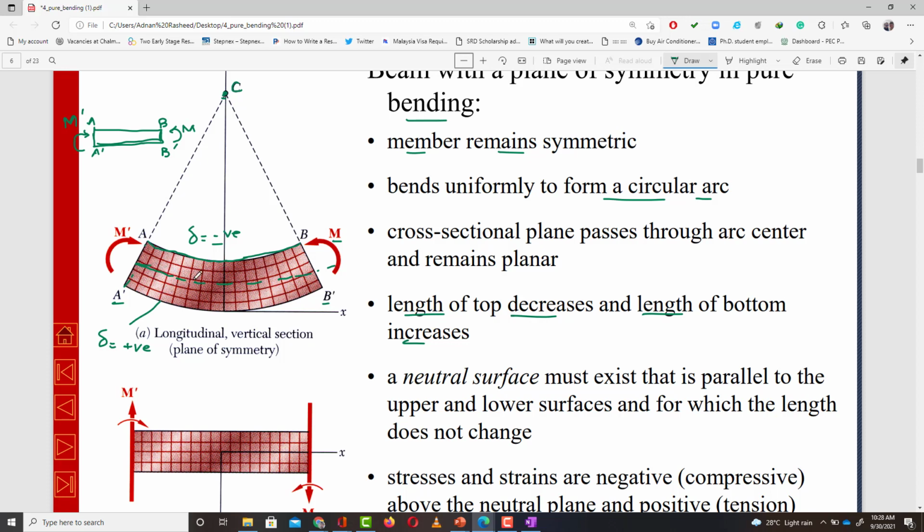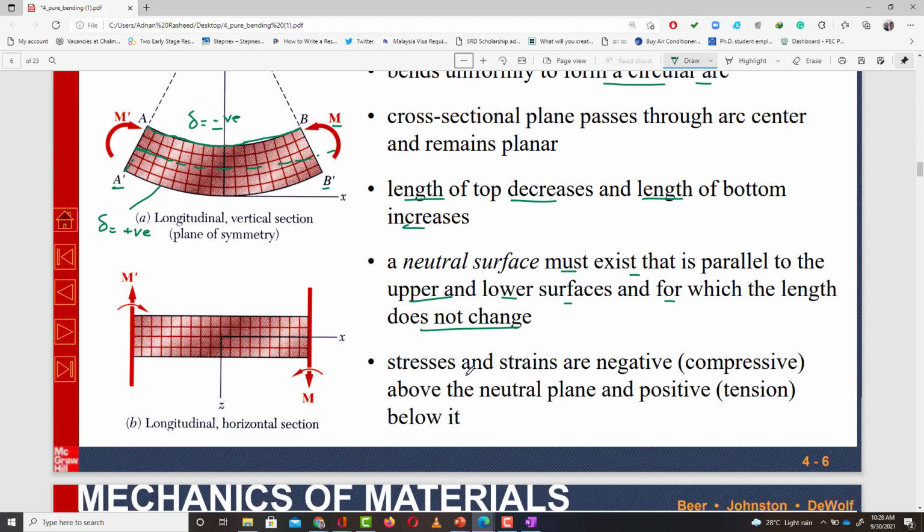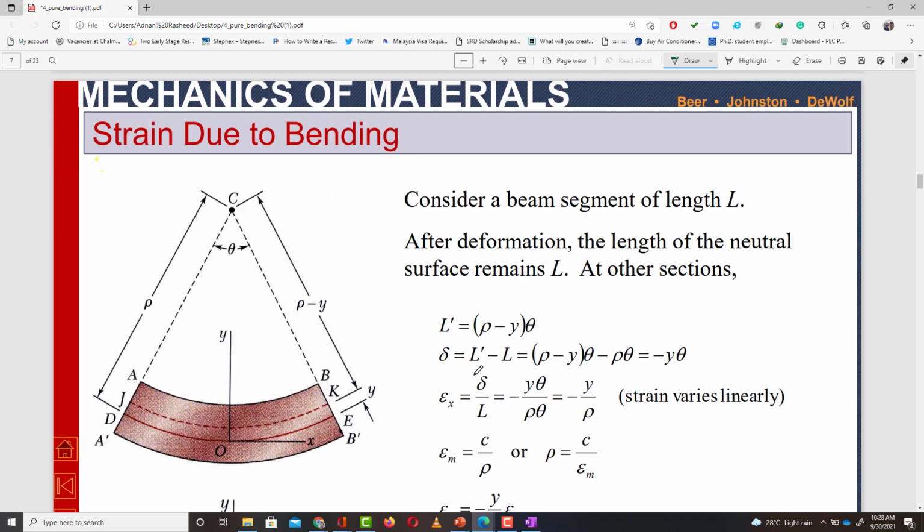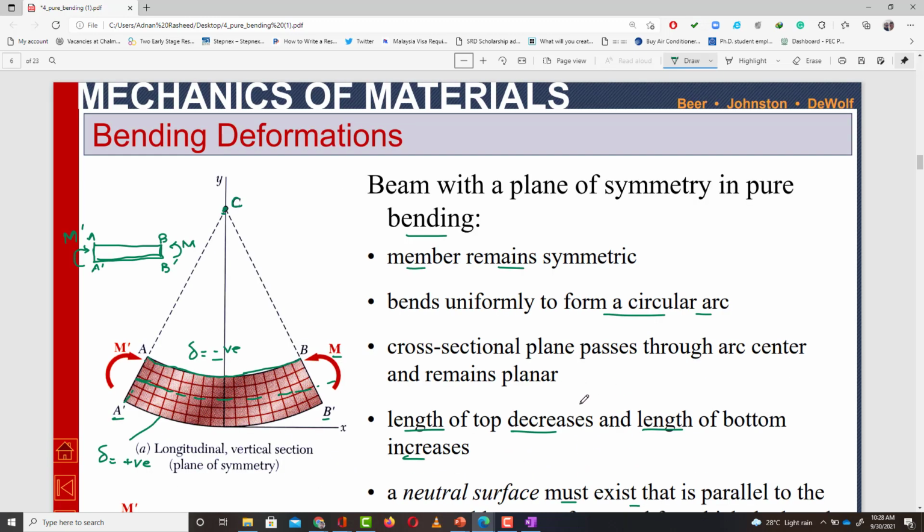This is known as the neutral surface or neutral axis. So a neutral surface must exist that is parallel to the upper and lower surface and for which length does not change. Clear? We will also see this in our topic.